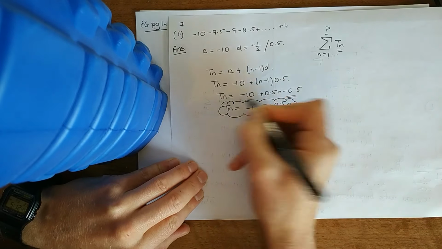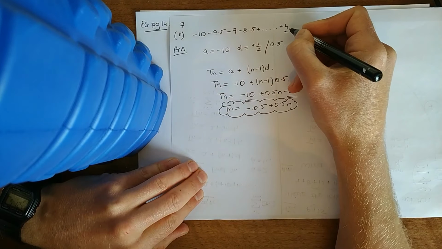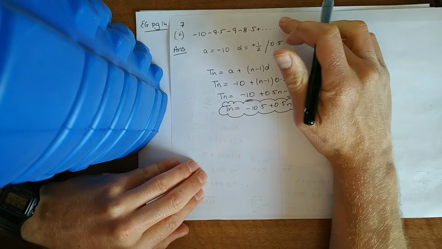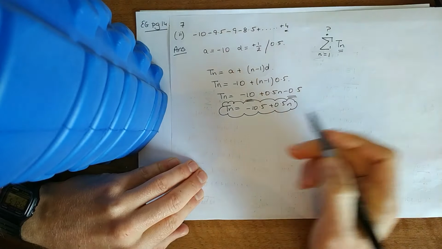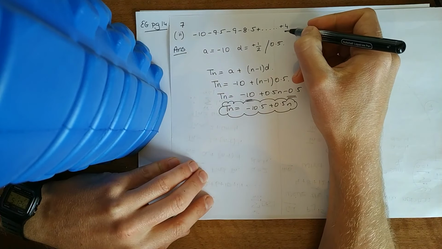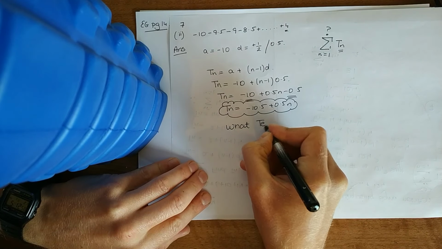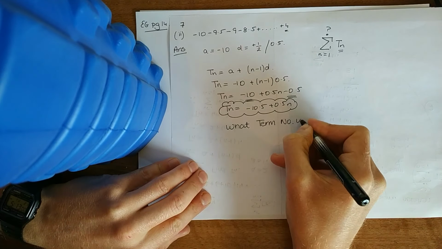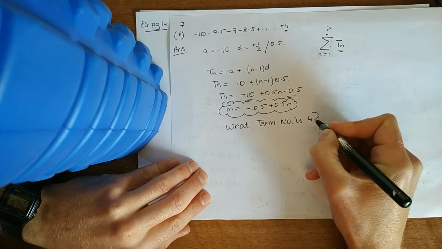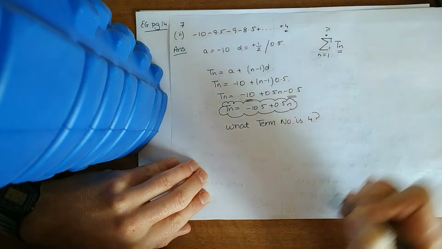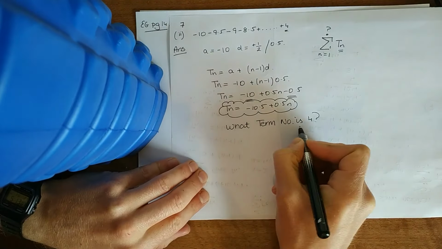We want to know how many terms there are until we reach 4. If they just continued on with decimals, that's it. But we want to see what term number is 4, and whatever term number is 4 goes in place of this question mark here. So how do we say that?